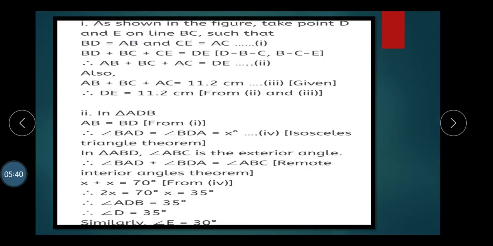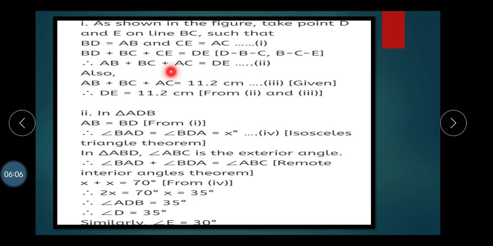Let's see the explanation. As shown in the figure, take point D and E on line BC such that BD is equal to AB and CE is equal to AC. That is equation 1. BD plus BC plus CE is equal to DE, that is D-B-C and B-C-E.